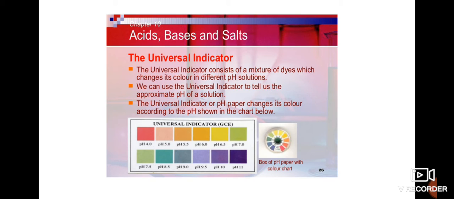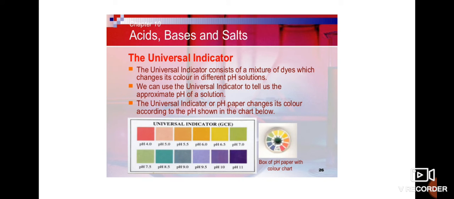Now, as we discuss a pH meter, we definitely have something called a universal indicator. The universal indicator consists of a mixture of dyes that will change its color in different pH solutions.